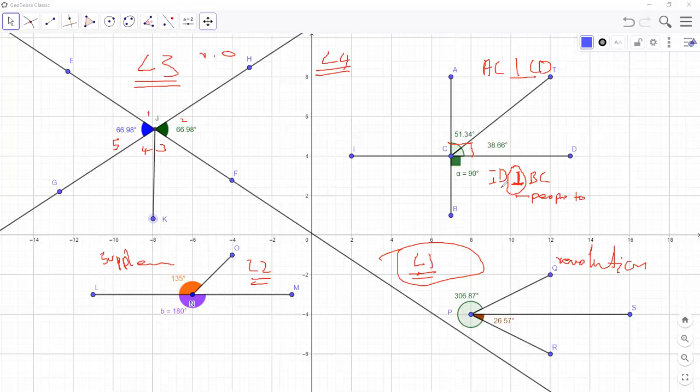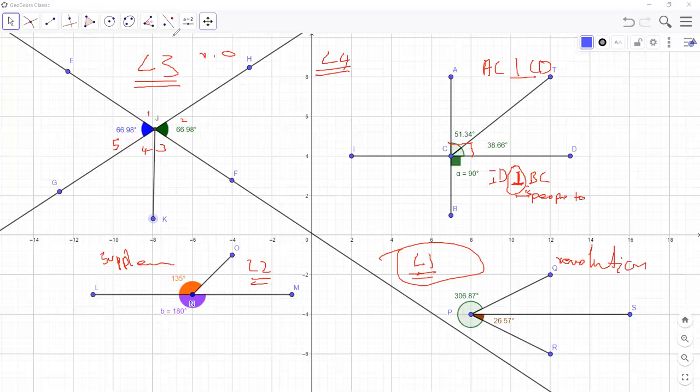So when you read out what I've written for a friend or your little sister, you are actually saying ID is perpendicular to BC. We use a lot of symbols in maths because we don't want to write a lot.